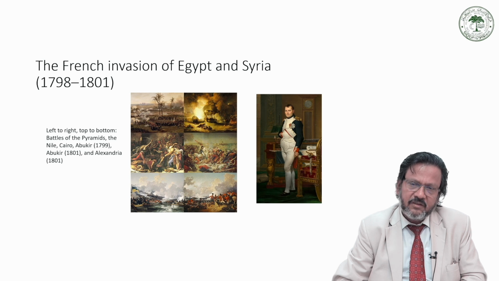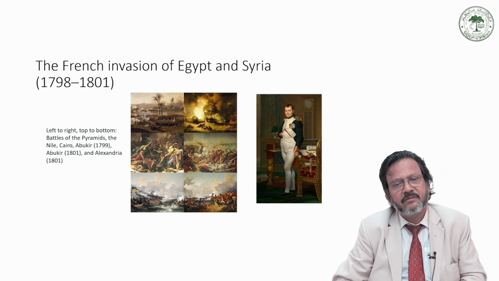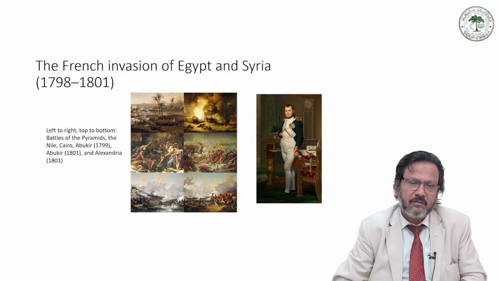The Renaissance period was initiated, and is to be seen, in a socio-cultural and of course international political background related to the French invasion of Egypt and Syria from 1798 to 1801.